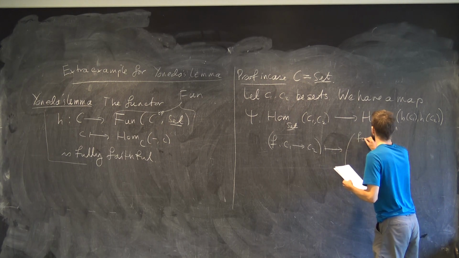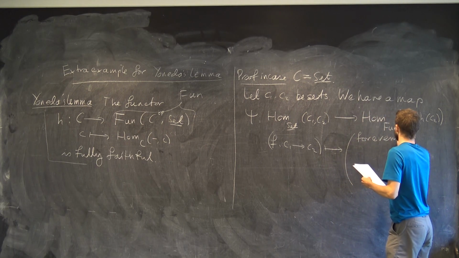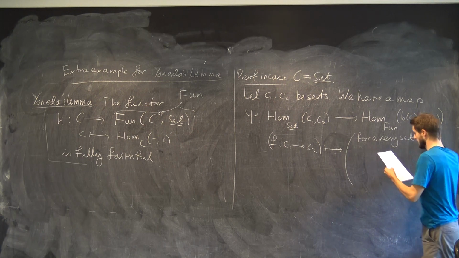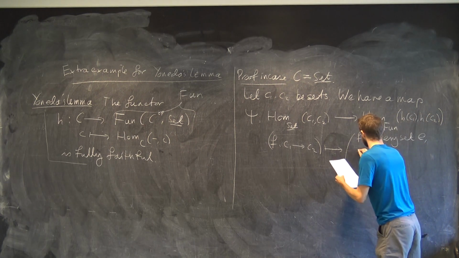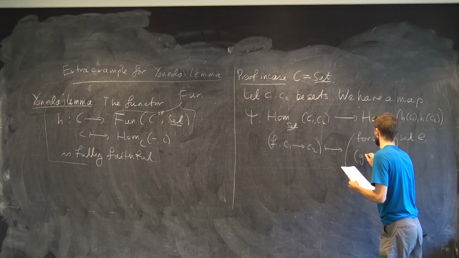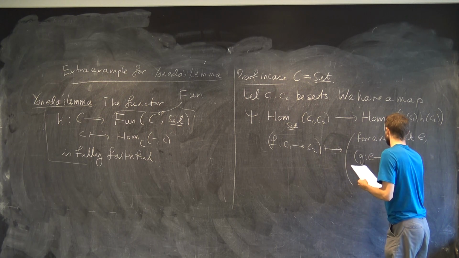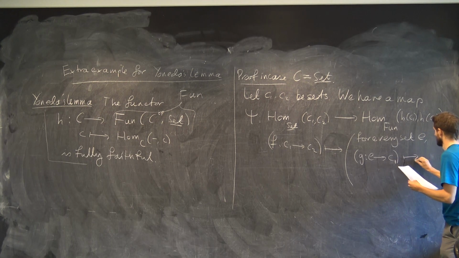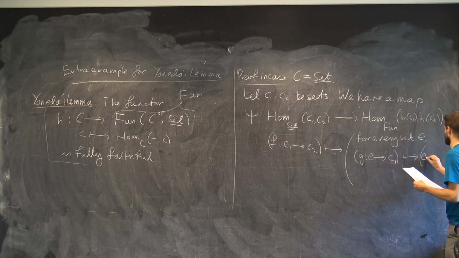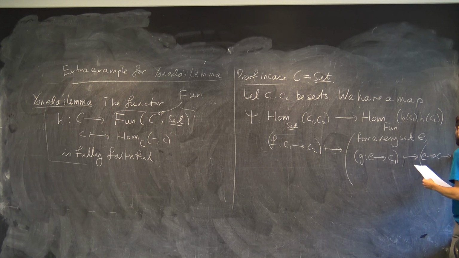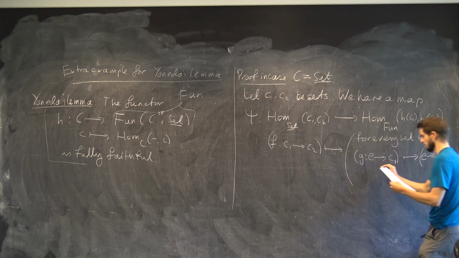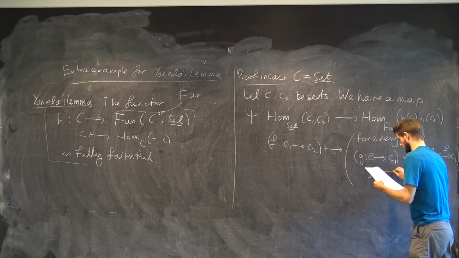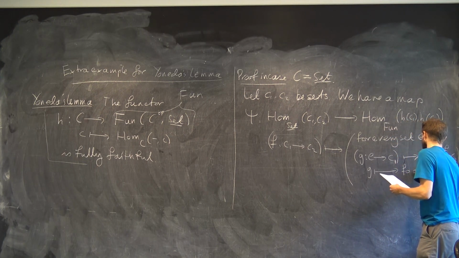For every set E, and for every map G from E to C1, we're going to send this to the composite. So this is G, this is F. In other words, I can write this as G goes to F composed with G.